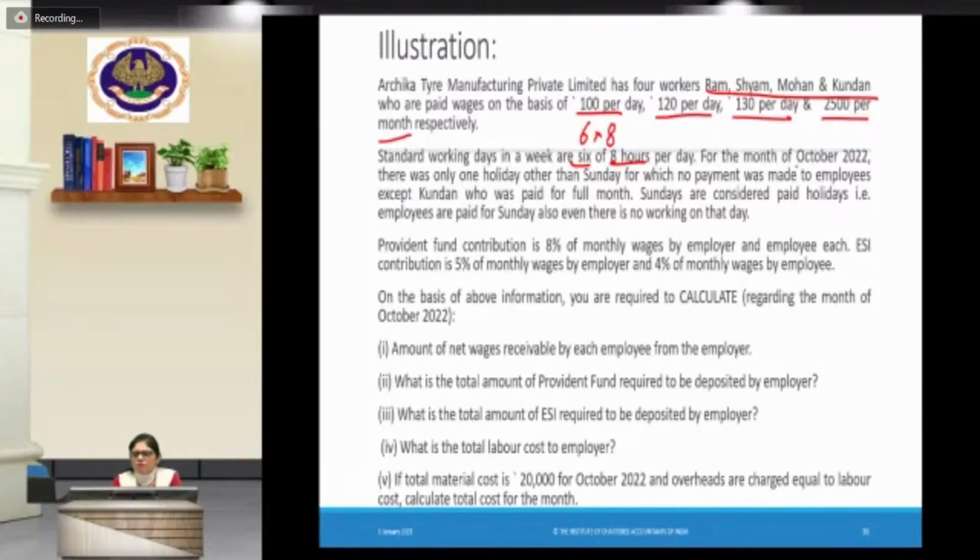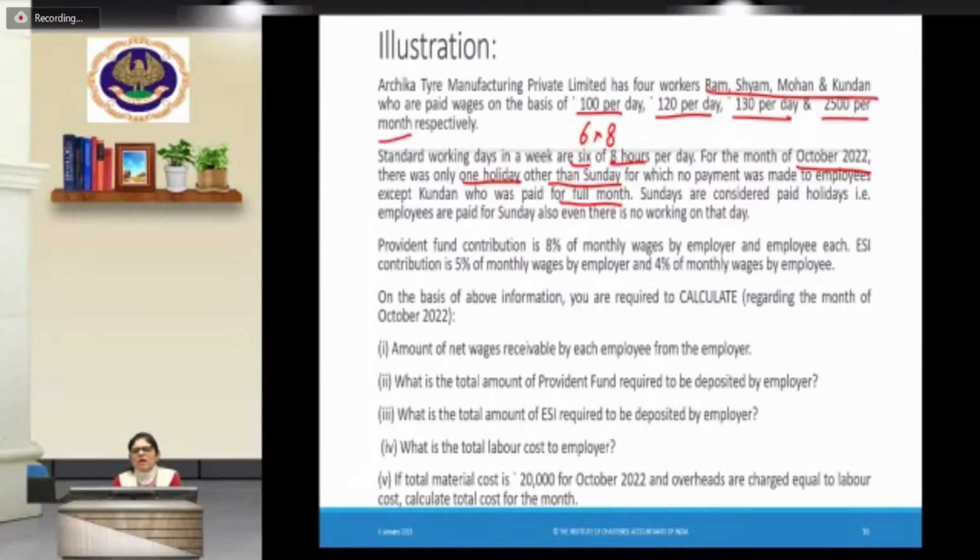For the month of October, there was only one holiday other than Sunday, for which no payment was made to employees, except Kundan, who was paid for the full month. Kundan is paid on a monthly basis, so he's paid even for that holiday.